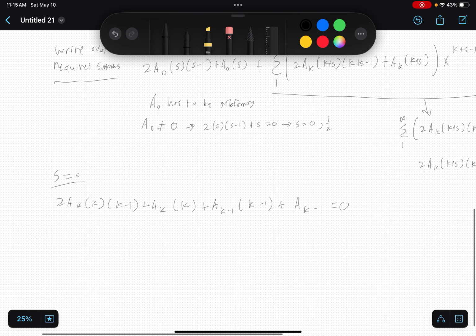Now we have to solve for a_k equals something times a_(k-1).